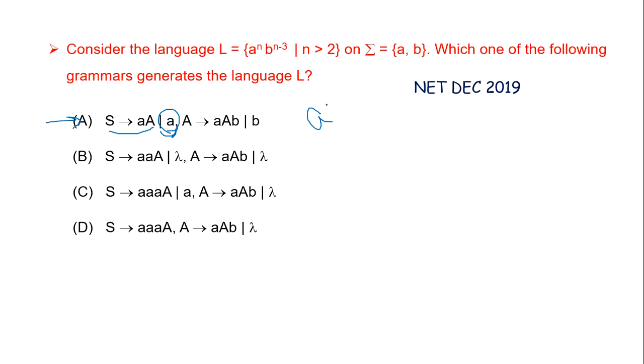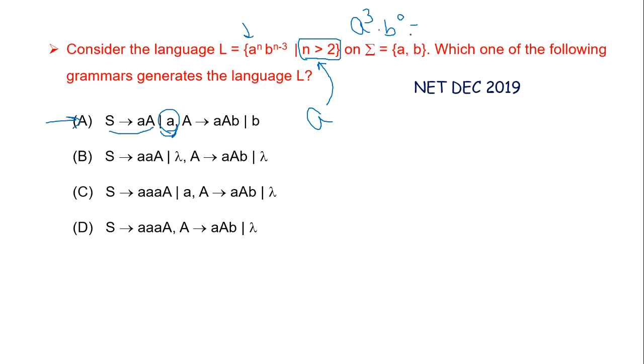Now if we see our question, our condition is n should be greater than 2. So the minimum value of n can be 3, right? So if we put 3 in this language, that is a raised to the power n, b raised to the power n minus 3, and if we are taking n equals 3, it will be a raised to the power 3 into b raised to the power 3 minus 3, that is 0.